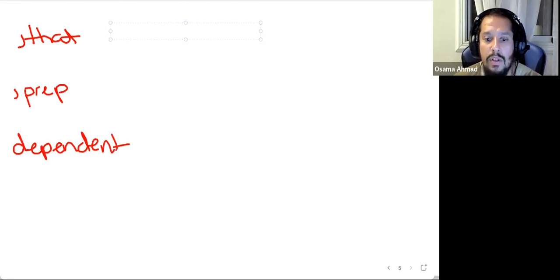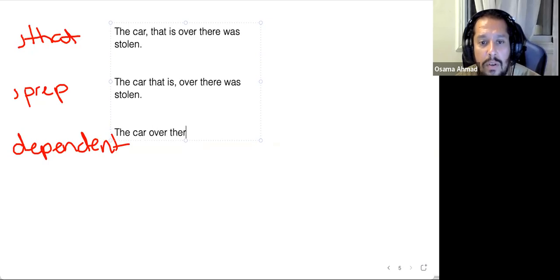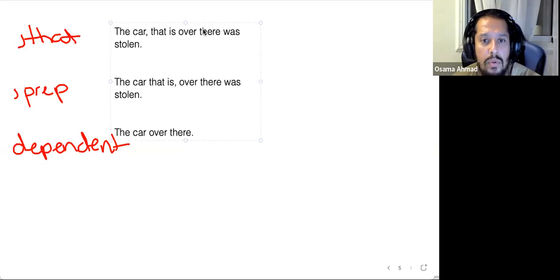Of course. The car, comma, that is over there was stolen. The car that is, comma, over there was stolen. The car over there.